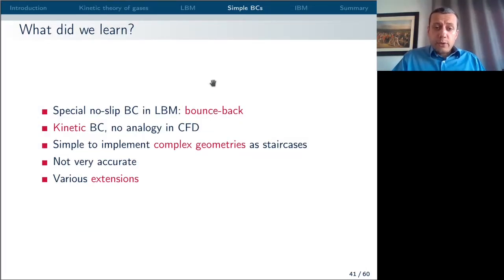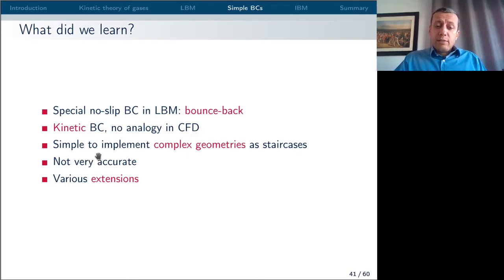So what did we learn here? There's a special no-slip boundary condition in Lattice Boltzmann and other particle-based methods. For example, there's also multi-particle collision dynamics, which also works with moving particles, and you can also use bounce-back there. It's not only a Lattice Boltzmann thing, but it's something that doesn't exist in the CFD community, where you have continuous fields and you discretize the Navier-Stokes equation directly.